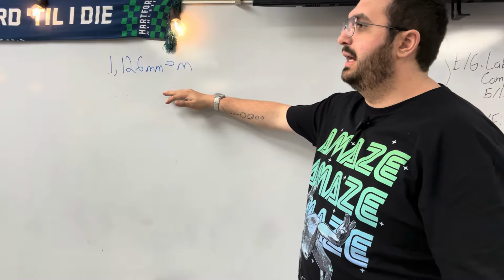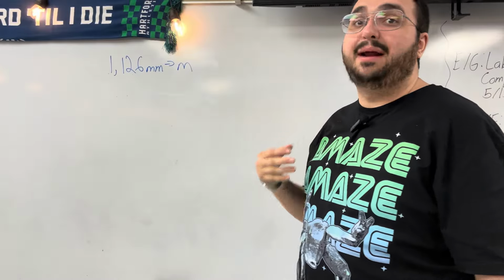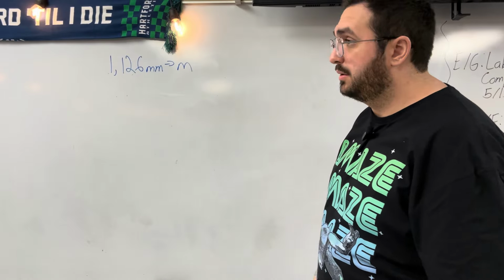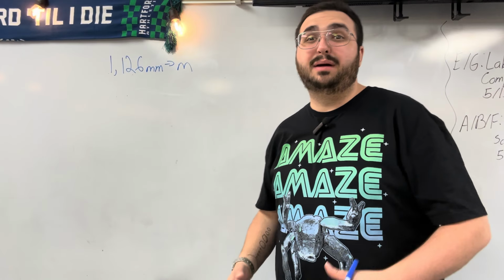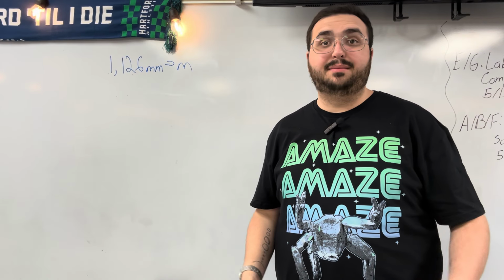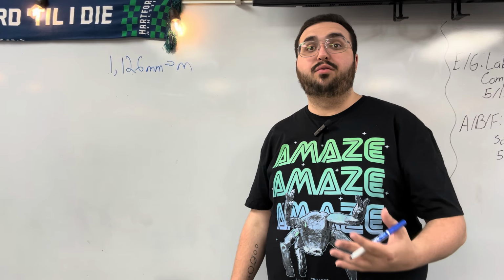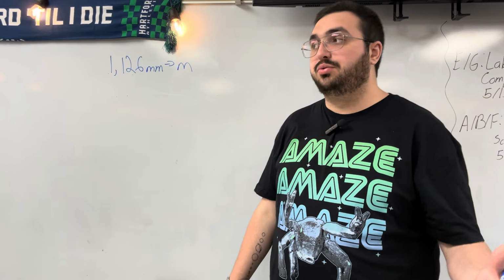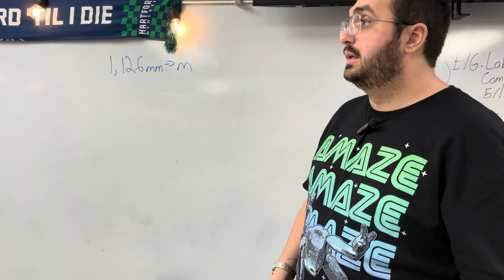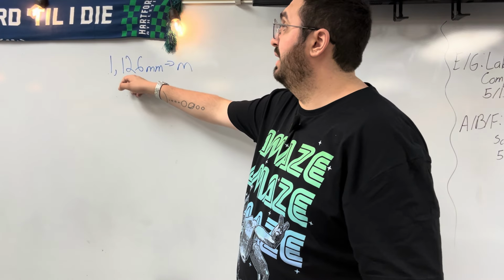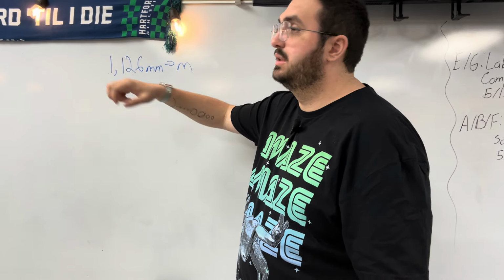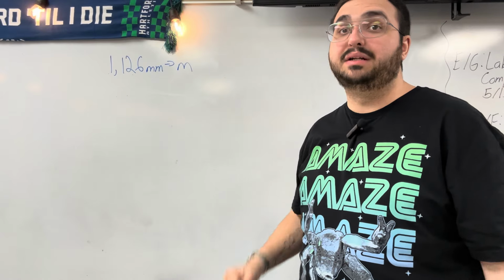So here we have a situation. Let's say I had measured something in millimeters, but I need to be able to do my math in meters. Let's say I'm dealing with some sort of kinematics problem, and for whatever reason, the actual number was measured in millimeters. In this example, I have 1,126 millimeters, and I'm trying to convert them into meters.